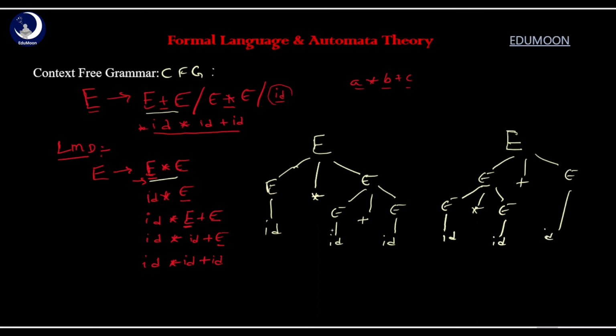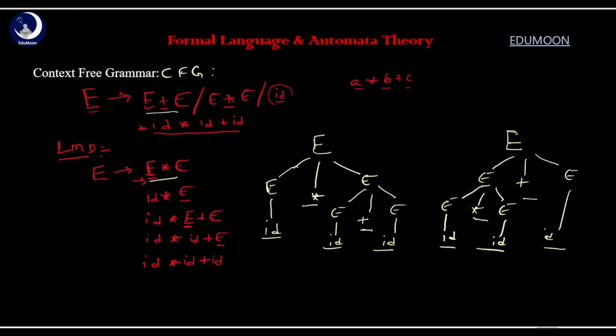So in both cases, you can see that we got the string ID star ID plus ID. So there are two parse trees generated for the same string in the given grammar using the LMD.